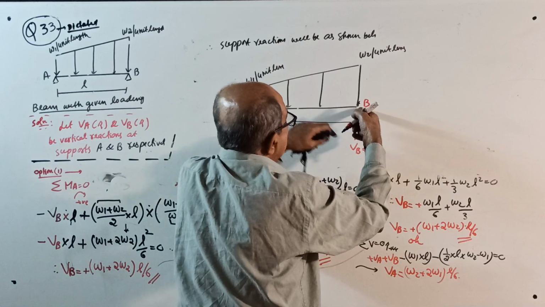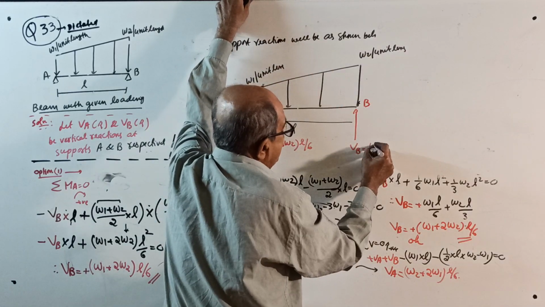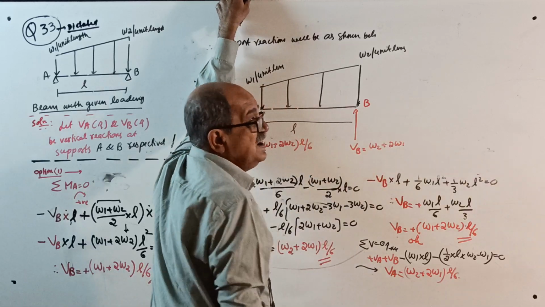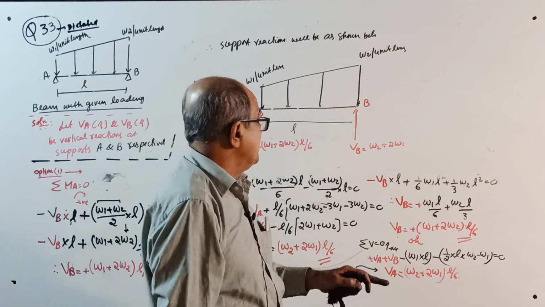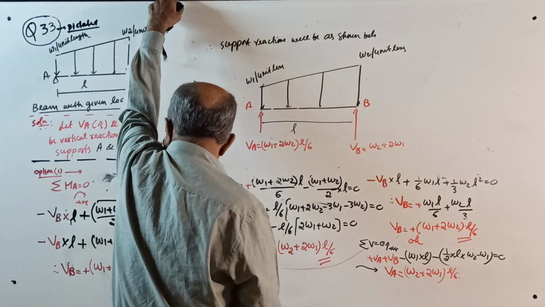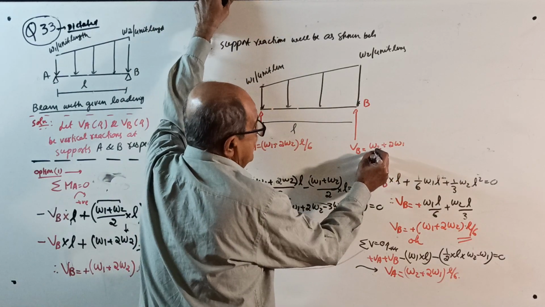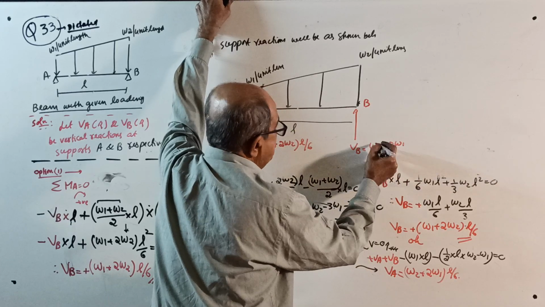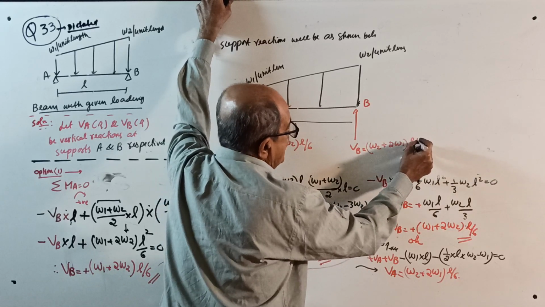If you want the other reaction, it is this intensity W2 plus 2 times the other. It is always 2 times the other, so W2 plus 2W1, into L by 6.